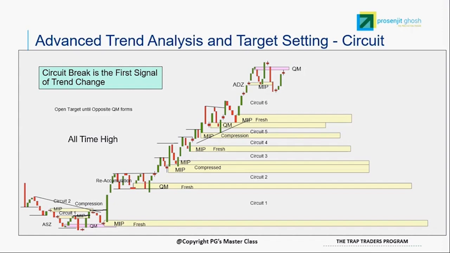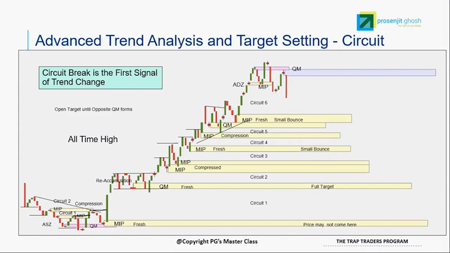Then we have a compression because the MIP, the QM, the MIPs, all are compressed. Then we have another fresh MIP in the chart, from where also we can expect a small bounce, and thereafter again below that MIP we have compression, two MIPs which are tests of each other, and lastly we have a fresh accumulation where there is a QM in the chart.